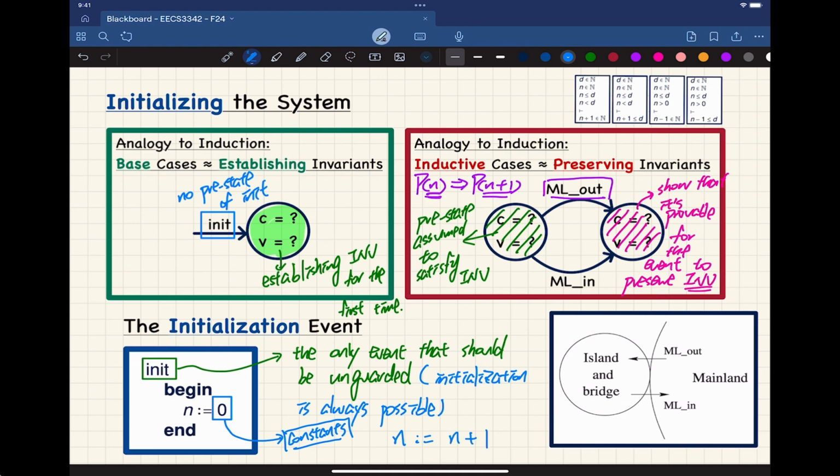Okay? This one here is not a valid init action, because there is no pre-state value of n.